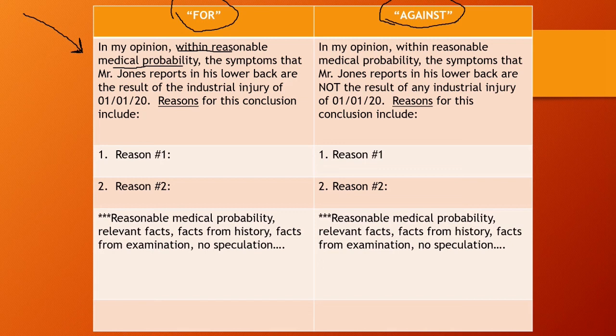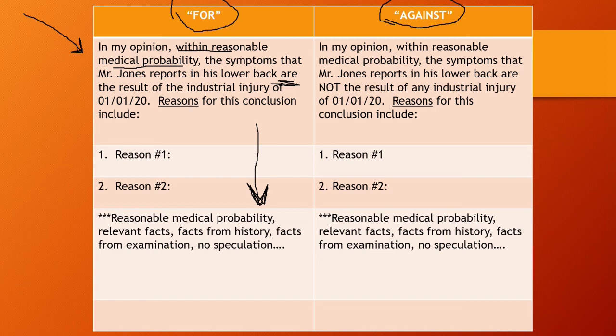The symptoms that Mr. Jones reports in his lower back are the result of the industrial injury of January 1st, 2020. My reasons for this conclusion include, and then here you would list the facts and the reasons and the basis and the how and why reasoning that lead you to the conclusion that the symptoms are the result of an industrial injury, and that therefore this case should be accepted as an accepted industrial injury.